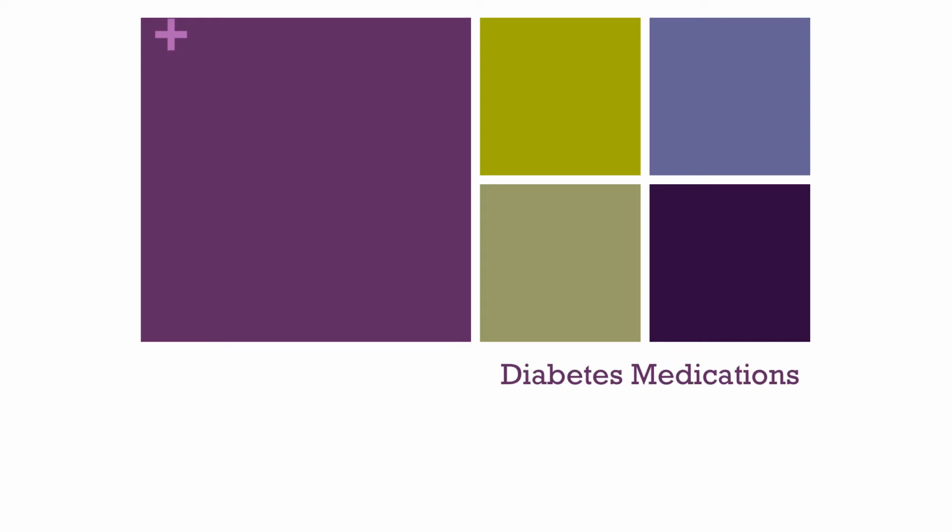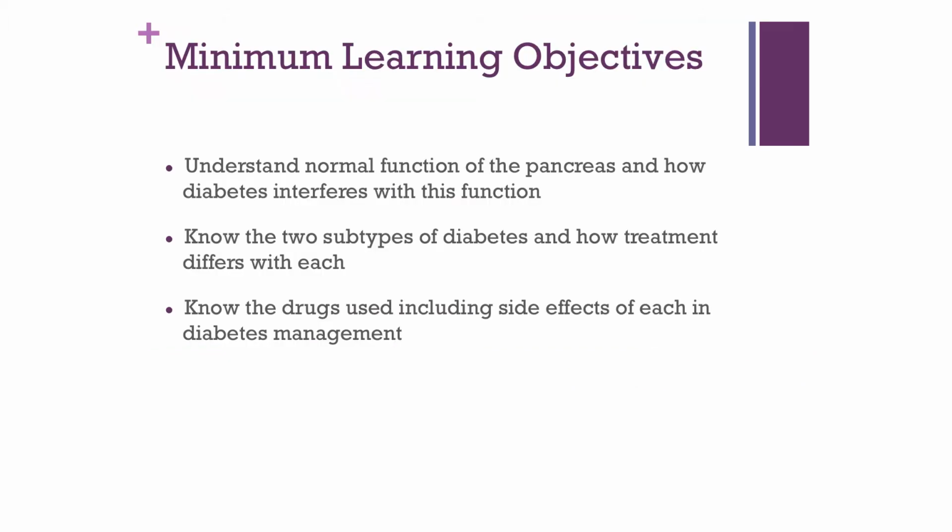This talk will be an overview of medications used to treat diabetes mellitus, type 1 and type 2. To understand the various pharmacotherapies that are used in diabetes management, it's important to understand first how the pancreas works in normal homeostatic conditions, so understanding the activity of the various endocrine cells in the pancreas.